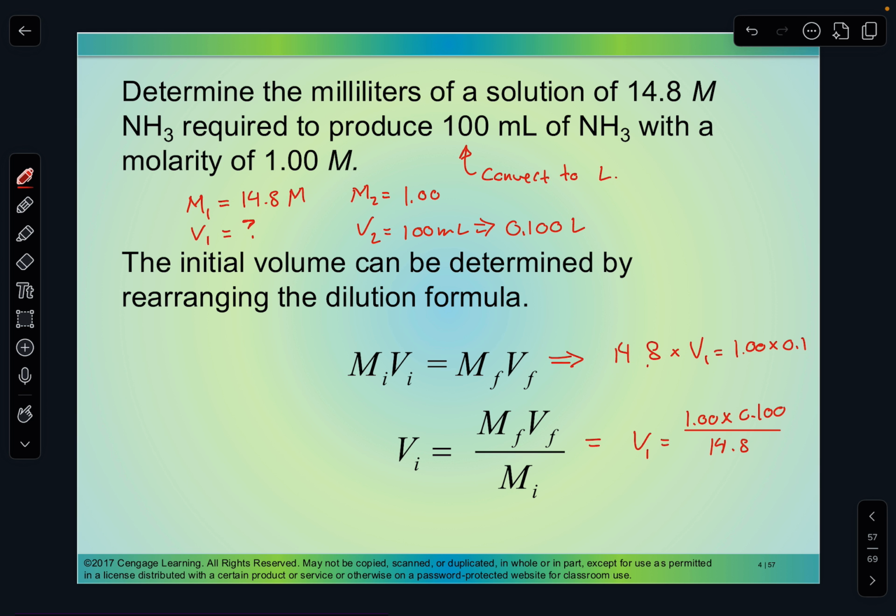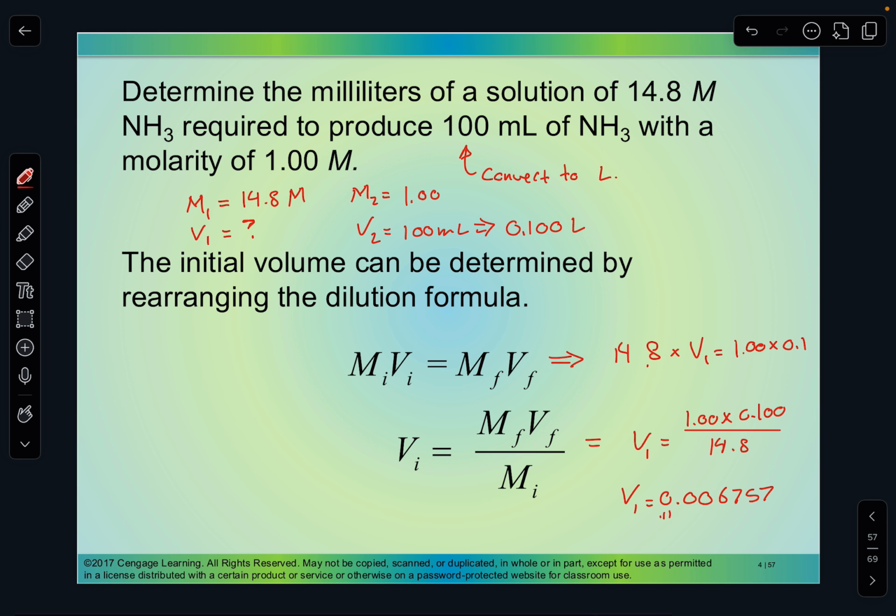And so when we do this math, I'll just do it real quick. We have 1 times 0.1 divided by 14.8. That gives us a V1 of 0.006757.